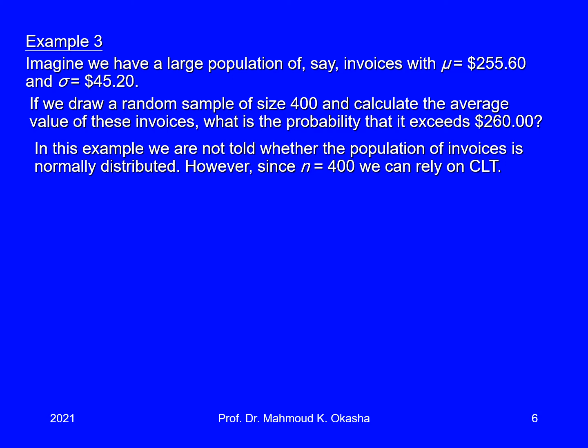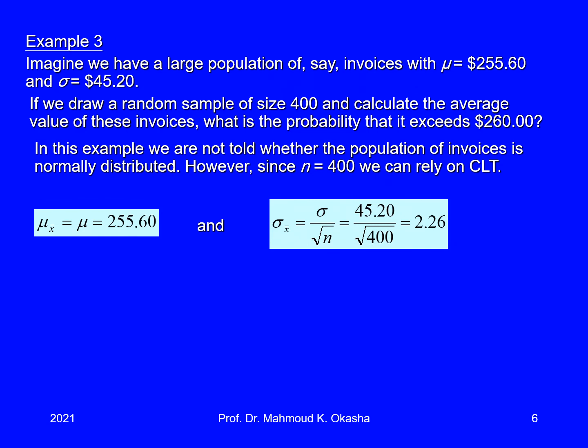So according to the central limit theorem, the sampling distribution of X bar is normally distributed, again with mean equal to the population mean mu, which is $255.6, and standard deviation equals what? Standard error equals sigma over square root of n. Sigma is 45.2 and n equals 400. Then the solution is easy, right?